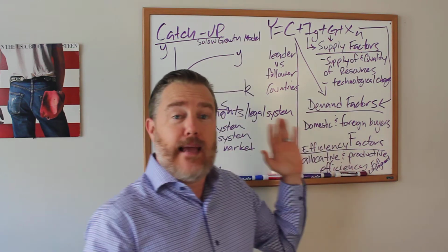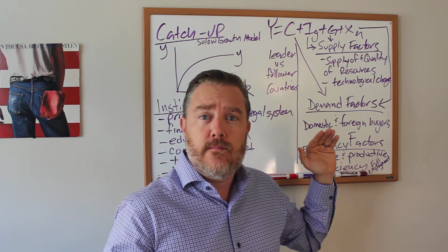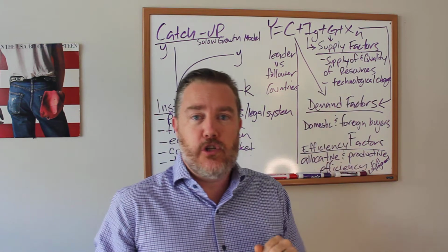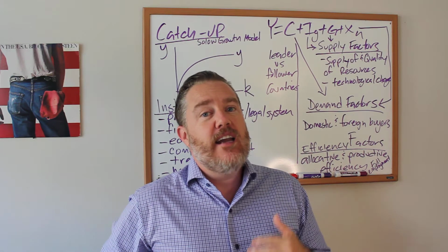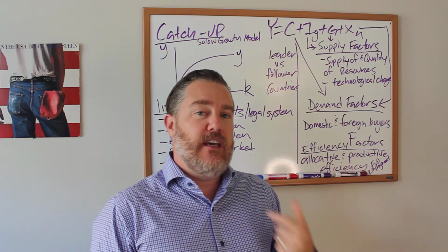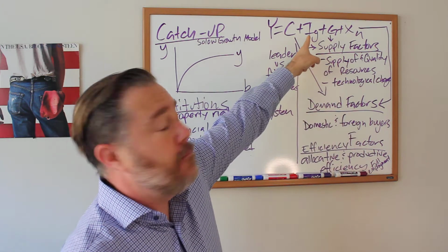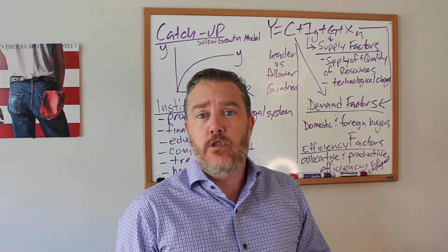So as you add capital, yes, the group gets more productive, but it's not a linear relationship. It's increasing at a decreasing rate. What we find is capital accumulation is one of the keys to economic growth, and that comes from investment and government spending. So we'll talk about that.